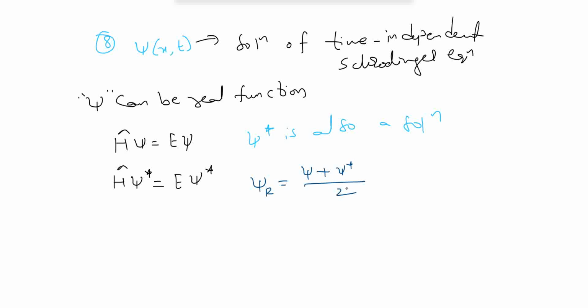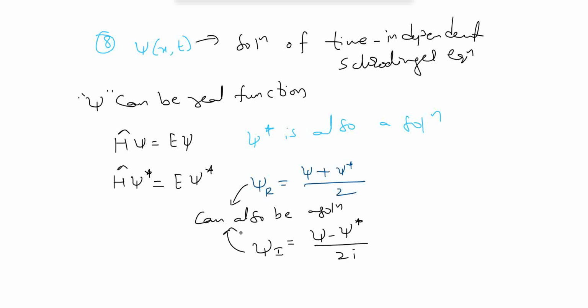It is a linear combination with constants 1 by 2. Hence psi r can also be a solution. Similarly, for the imaginary component, always remember that the imaginary part is also real. When we divide by 2i, we will get a real value, and this can also be a solution.